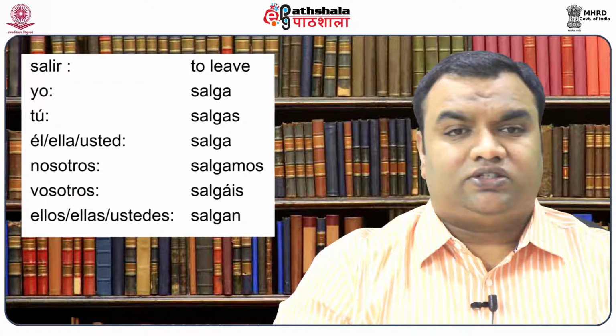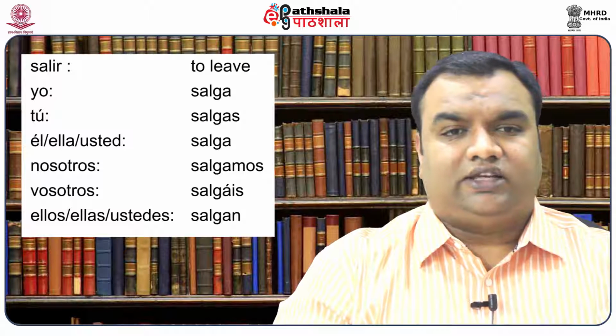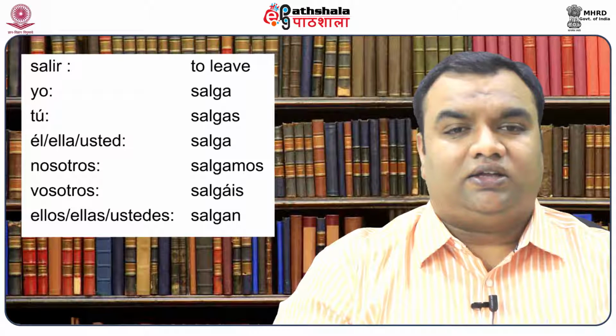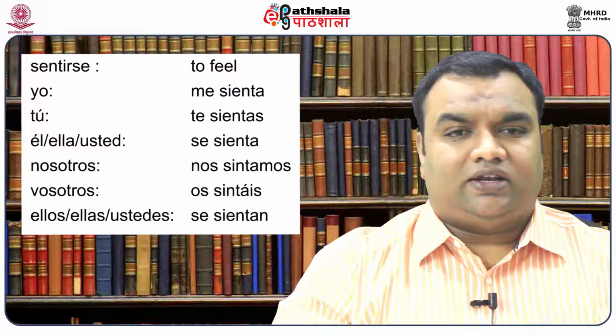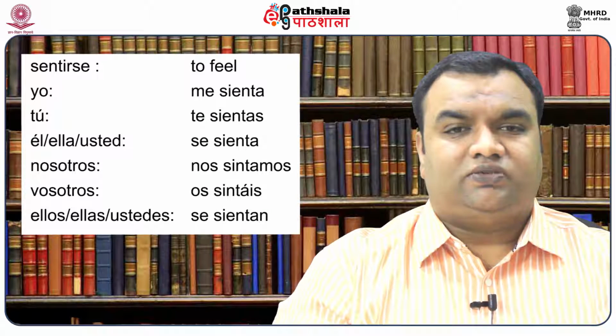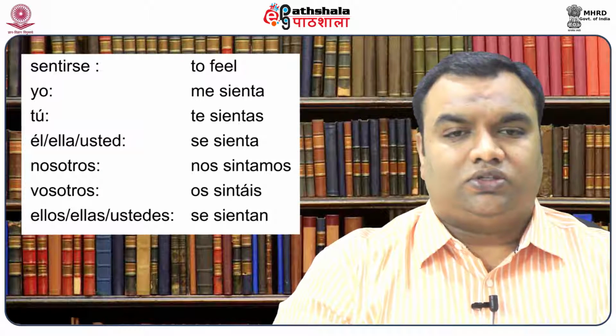Salir, which means to leave, is conjugated in the present subjunctive like this: salga, salgas, salga, salgamos, salgáis, salgan. Sentirse, another reflexive verb which means to feel, is conjugated as me sienta, te sientas, se sienta, nos sintamos, os sintáis, se sientan.